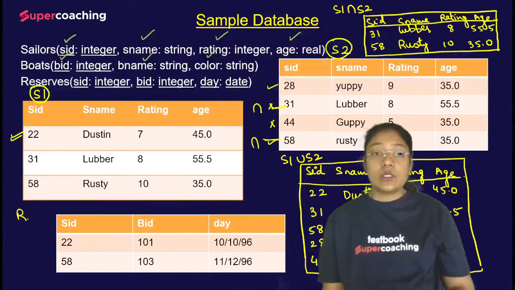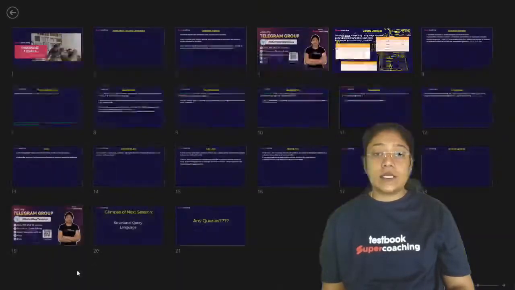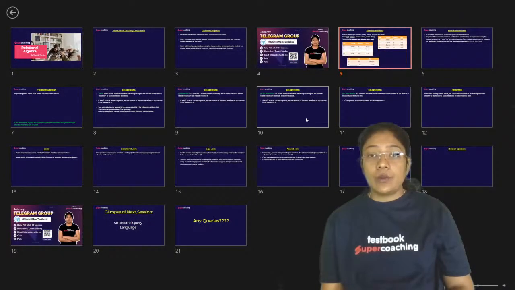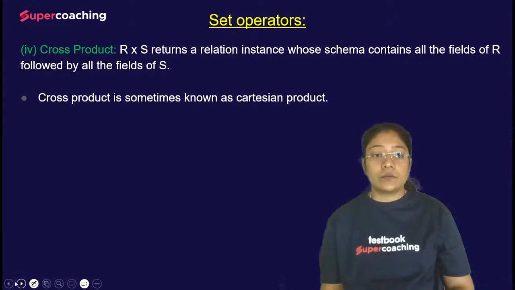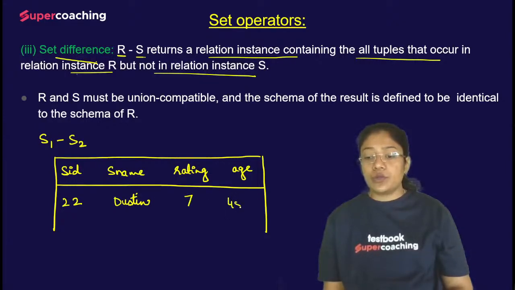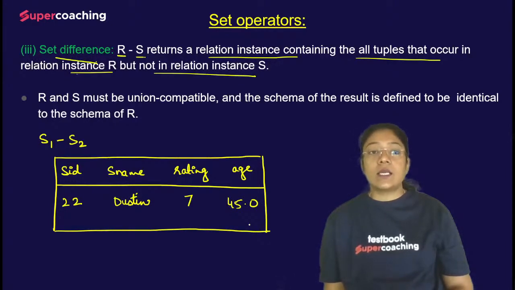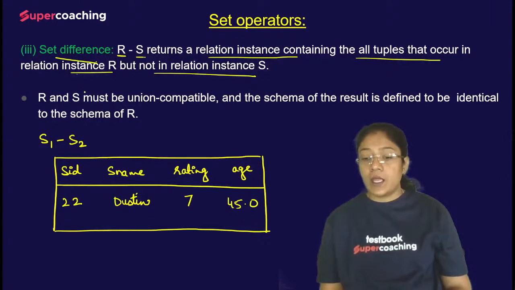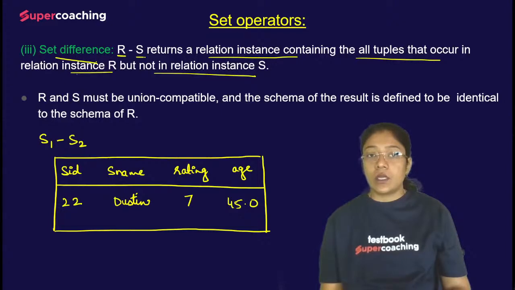That is 22, Dustin, 7, 45.0. So here we have 22, Dustin, and rating was 7, and what was the age? I guess it was 45.0, right? So this is the result of the set difference. Clear? Makes sense?